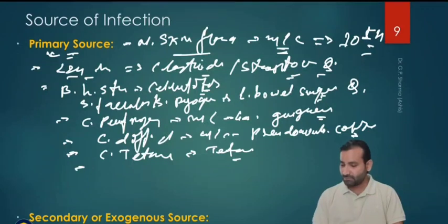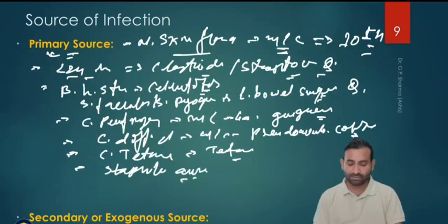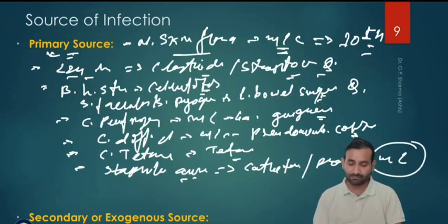And similarly, if it is Staphylococcus, usually aureus, they cause catheter and prosthesis infections, right? Staphylococcus aureus, catheter infections or prosthesis infections, most common organism. Question in the exam, please remember.